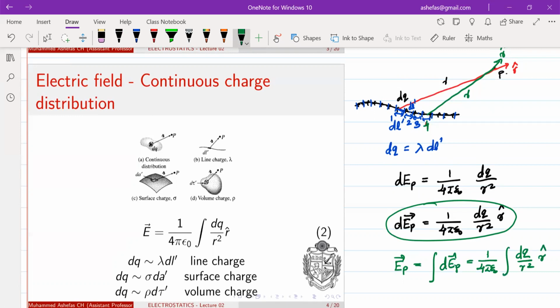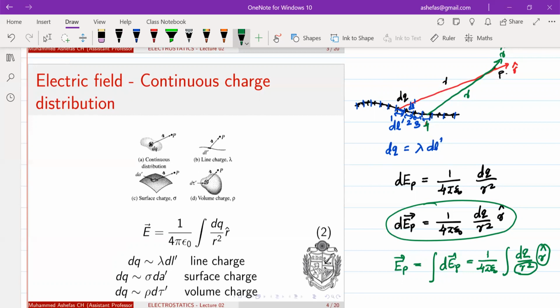Now this integral is not very easy. The problem is that r is a variable here; r square and r cap are both variables. So the integration is not very straightforward. We have to find some techniques, or some symmetries, in order to perform this integration.